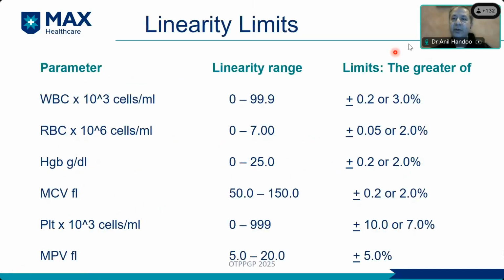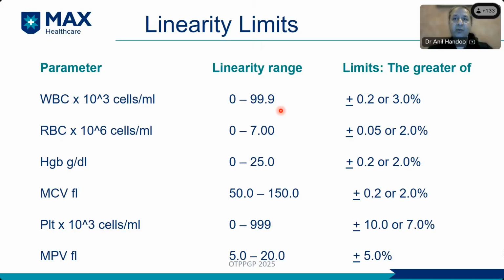And you must also remember that when we look at our instrument, we must know what our linearity limits are. It's extremely important for us to remember. For example, the linearity limits which I'm showing you here are for the Coulter analyzers, for the WBCs. Why do I want to know my linearity limits? Because if I have a sample which is giving me a value of say 99.99 and beyond, or maybe 150, this 150 may not be true.